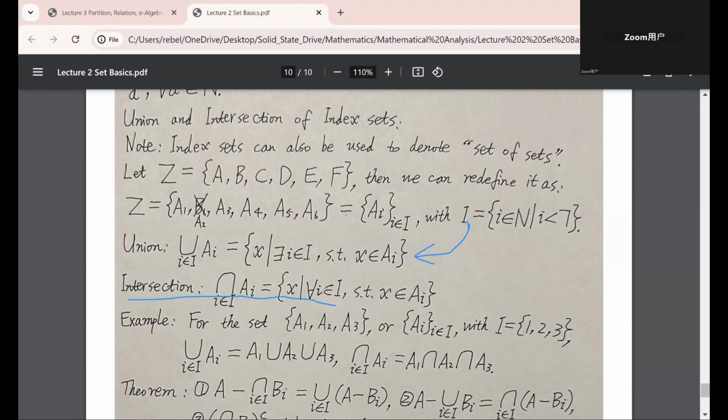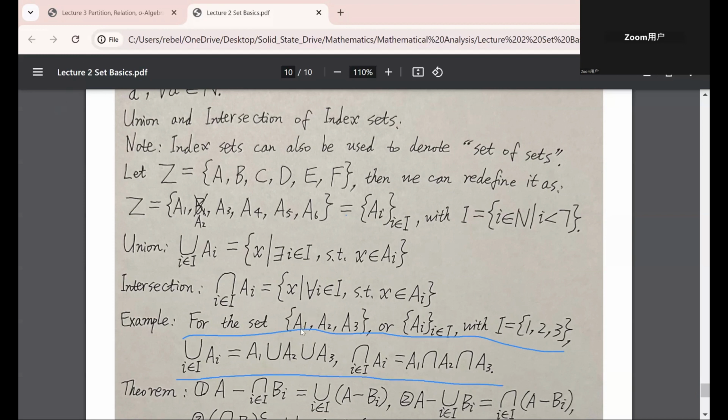So it's like for all i belonging to set I, such that x belongs to Ai. Maybe you need to understand this later, but you can always think in this way. Typically this is a hard way to think, but usually we just understand it this way, which is an easier starting point.